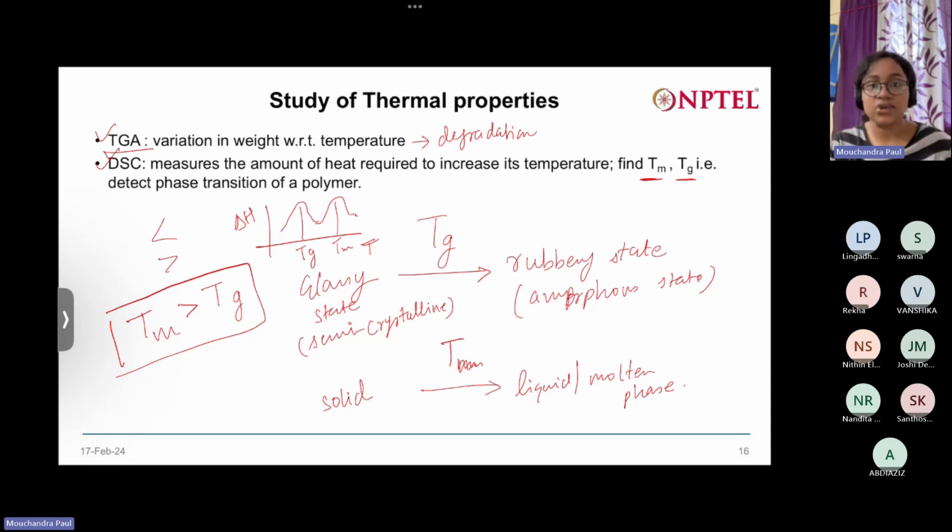If you want to go back, you have to remove the heat from it, and then you will reach a state which is semi-crystalline. So in most cases, Tm is greater than Tg, or Tg is less than Tm. And the values of Tg and Tm are obtained from the technique called DSC, or Differential Scanning Calorimetry.